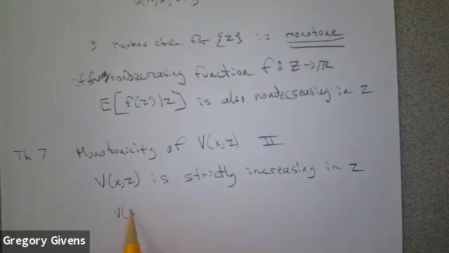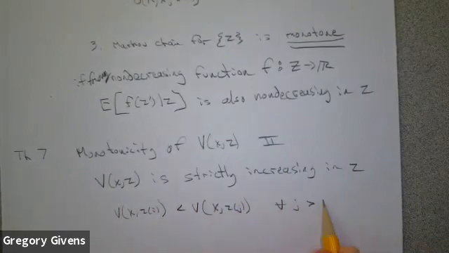So V of X, Zi is going to be less than V of X, Zj for all j bigger than i.